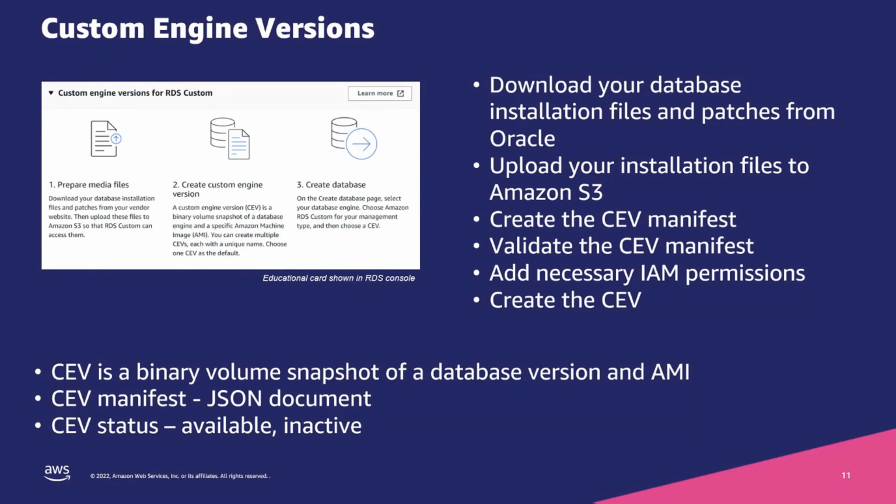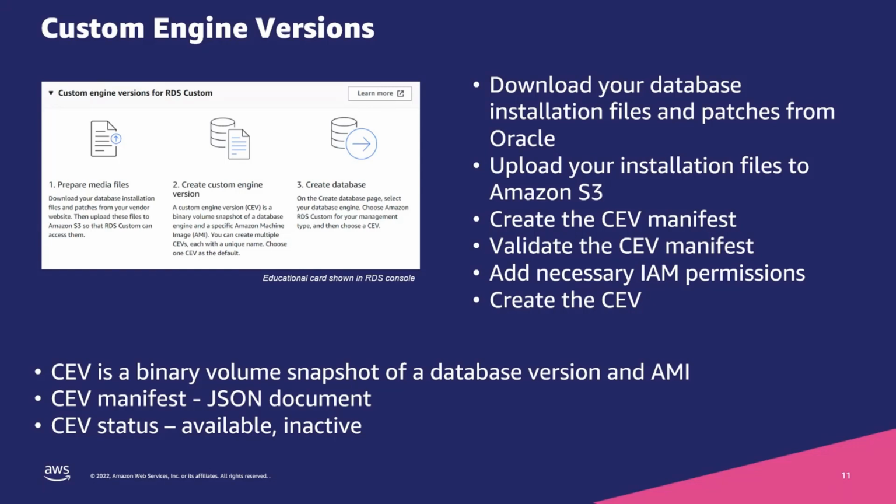You can actually refer to our documentation where you will find a recipe of the installation files that RDS Custom uses to create the CEVs. So you can use that as an example to create those manifest files.